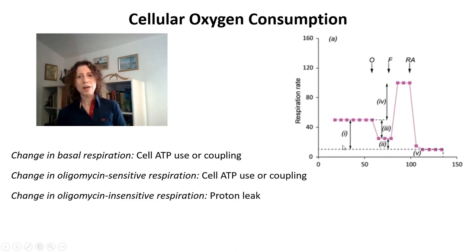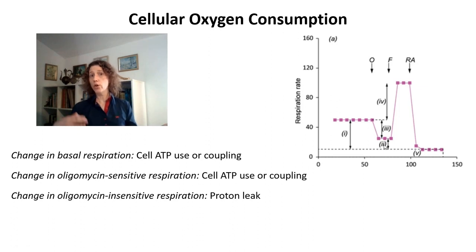You look at oligomycin-insensitive respiration. So oligomycin-insensitive respiration is not dependent on ATP use by the cell because ATP synthase is now inhibited. It's dependent on proton leak and proton transport. So this is going to reflect coupling of your mitochondria. And by analyzing the changes in basal, oligomycin-sensitive and oligomycin-insensitive, you can tell if there's a change in ATP use or if there's a change in coupling in these mitochondria.